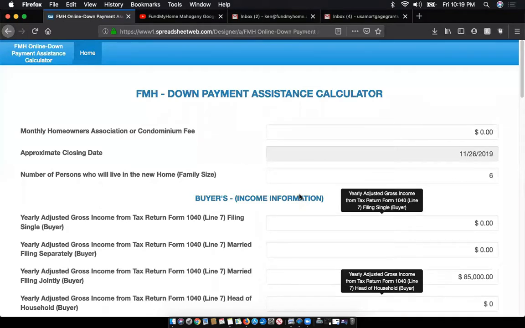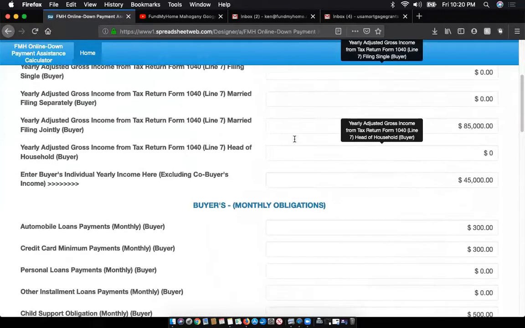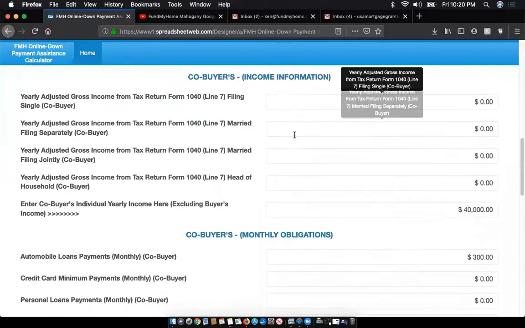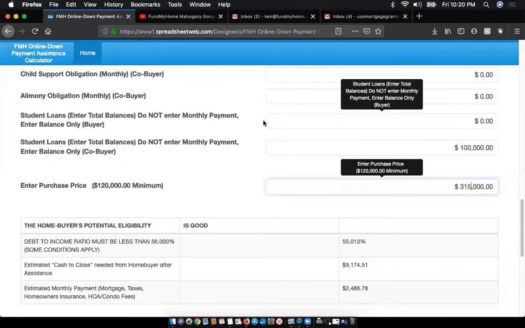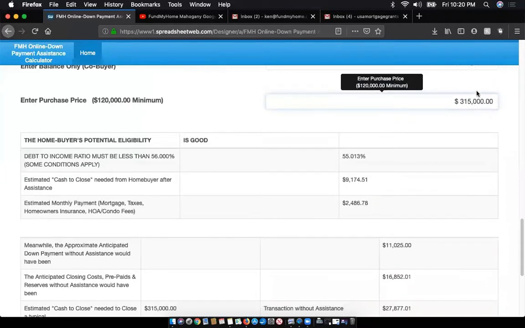So Lawrence, let Ken enter another number there. Enter, say, 220, 250, and see what the debt to income does. Put 250 there and see what happens to the debt to income. So we are now at 315. Let's put 250, and it's 47%, which is no way, not for VA or USDA. So put 180.